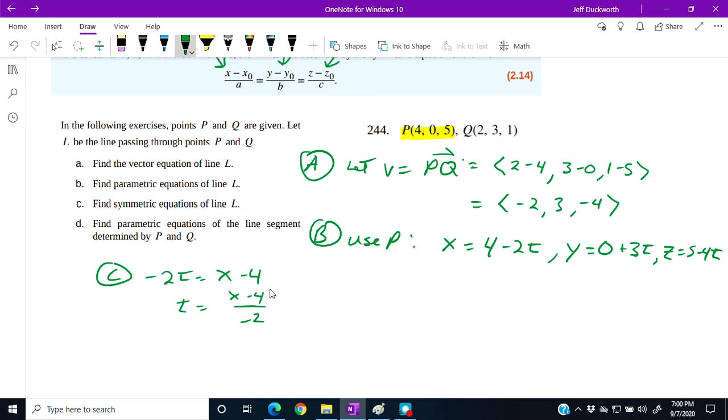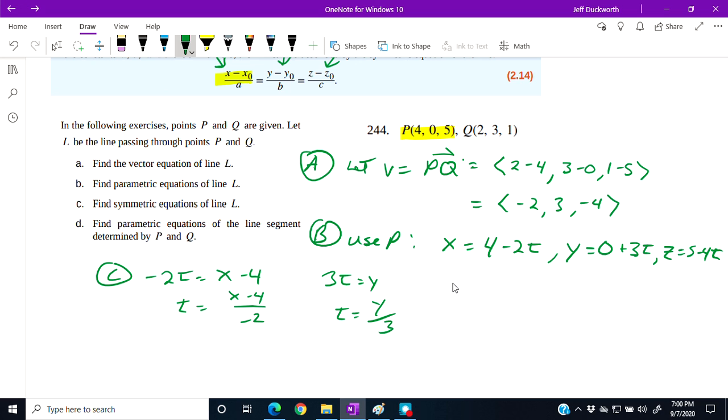Again, we're trying to keep it in the same sort of form that we have up here, where the x-coordinate is first in the numerator there. The other one we have here, that's just 3t equals y, which means that t equals y over 3.